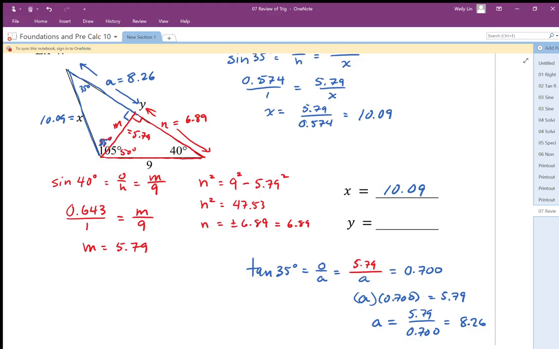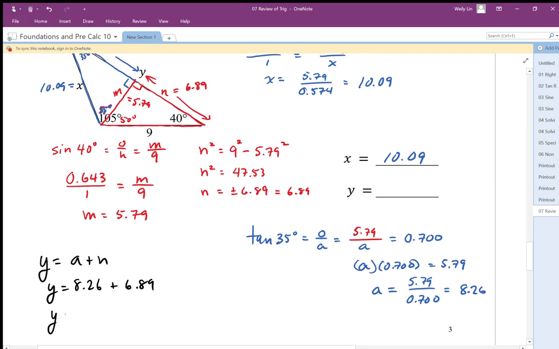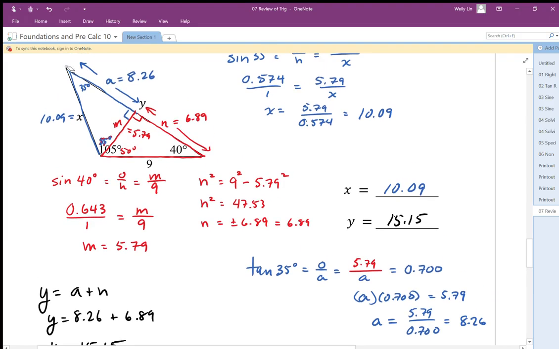So my length of y is equal to A plus n, 8.26 plus 6.89. My y value I'm getting is 15.15. Okay, so there it is. 15.15 represents the length along this line right along here. That's the length of y.